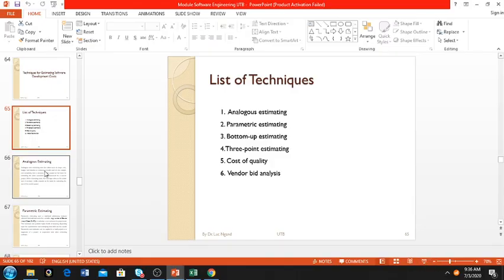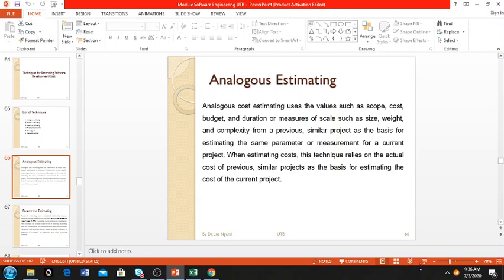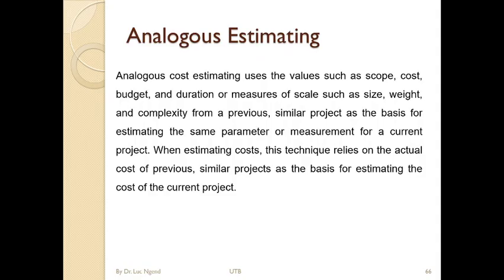So what is analogous estimating? Analogous estimating simply means that when you have to estimate the cost of a new project, you base your estimation on a previous similar project.